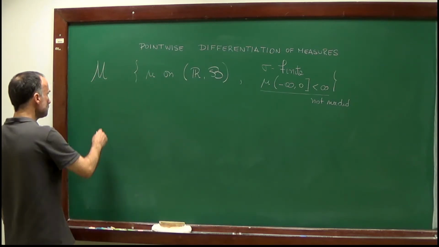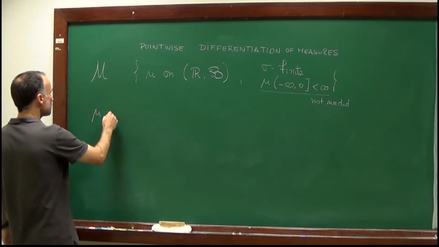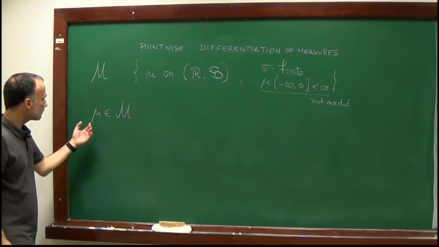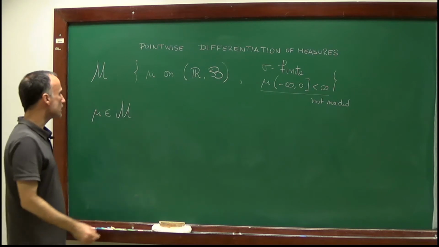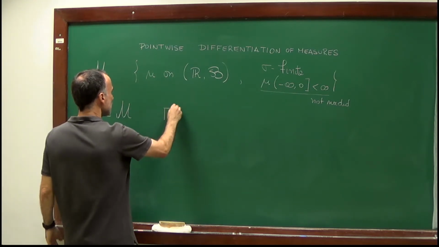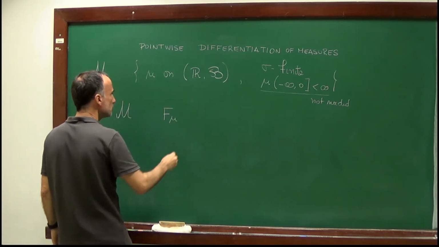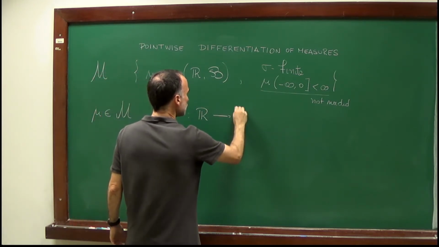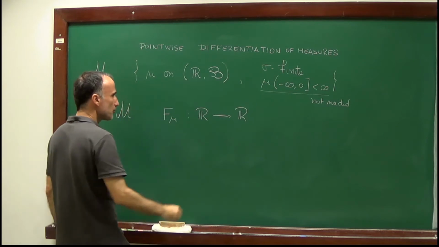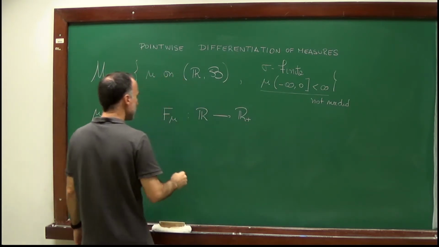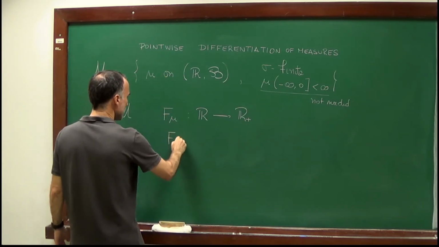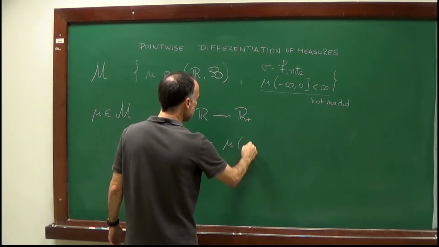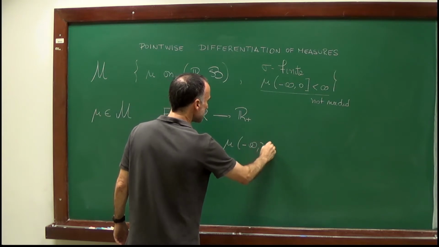So now, given a measure mu in M, I want to associate to this measure a monotone increasing function, which I will represent by f mu. So f mu will be a function from R to R plus actually, and I'll define f mu of x to be the measure of the interval minus infinity to x.